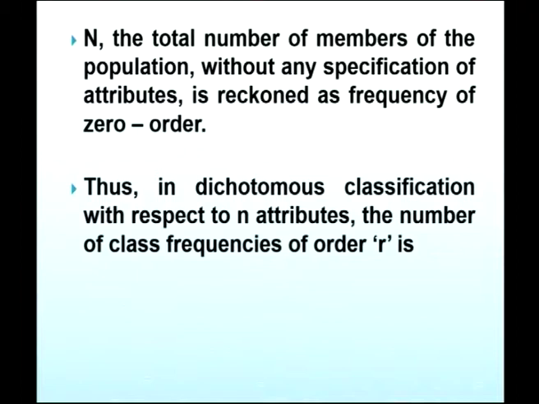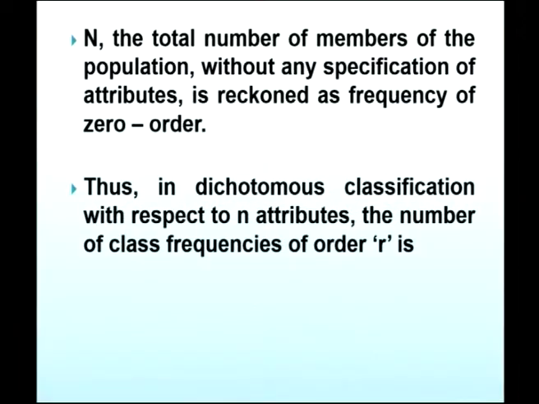Now, capital N is the total number of objects, or the total number of members of the population considered, without any specification of attributes. We are studying the members of the population, so N represents the total number of members. We are not bothered about whether a member has the attribute or not, that is, non-possession of the attribute.